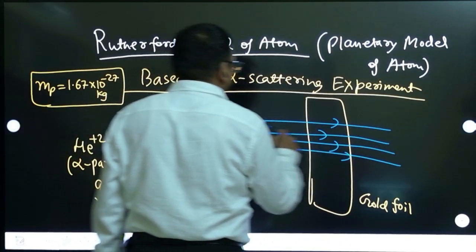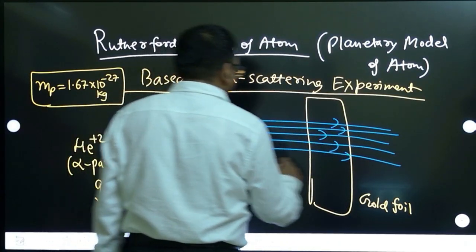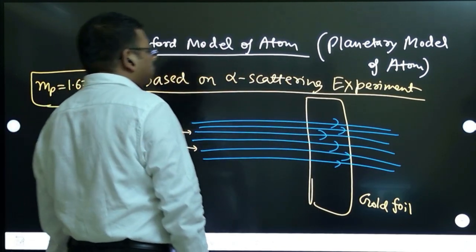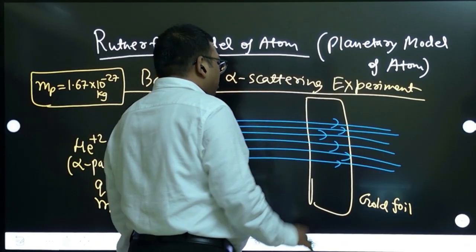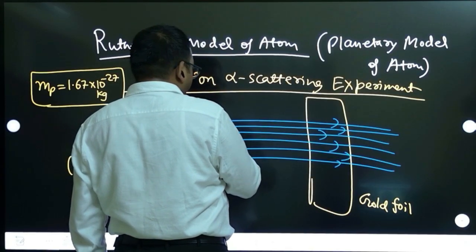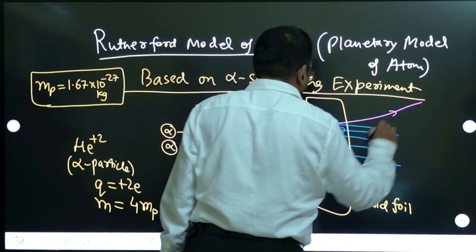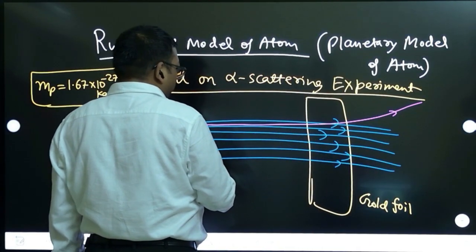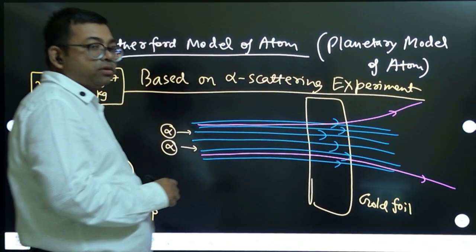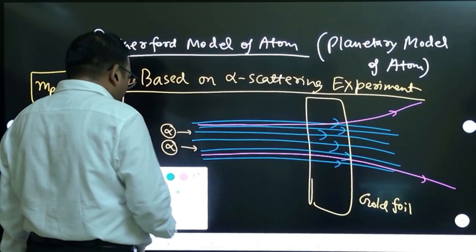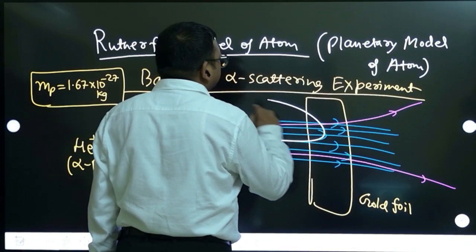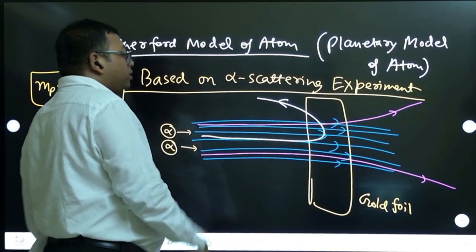But he observed that only a few alpha particles show a little bit of deviation, a very small deviation. And a very small number show a large deviation.